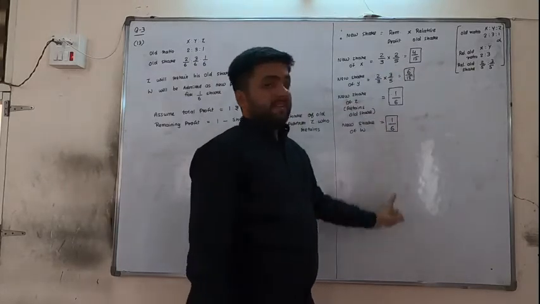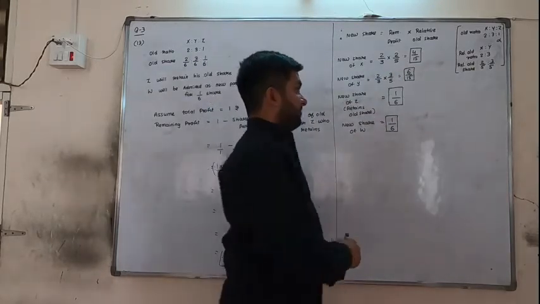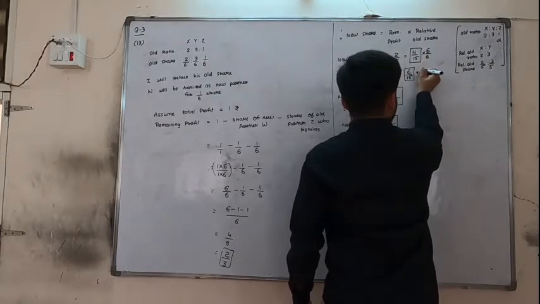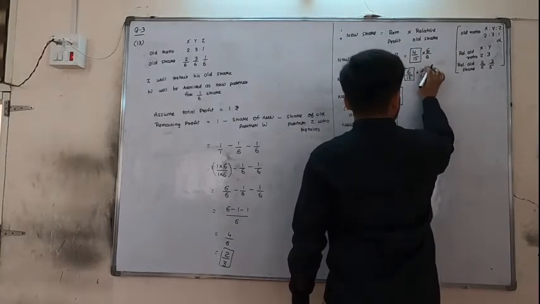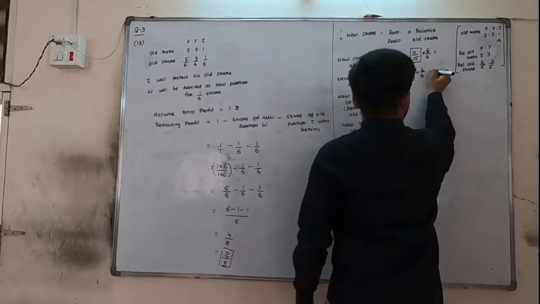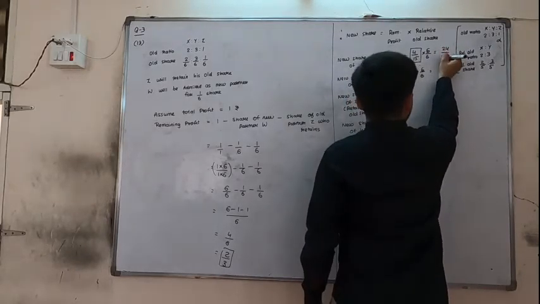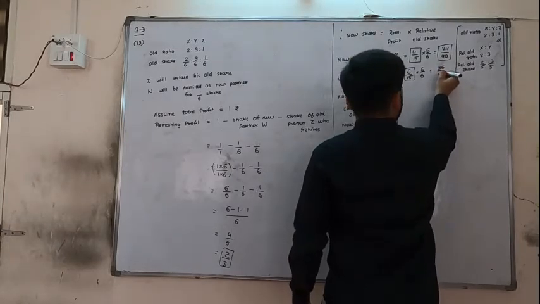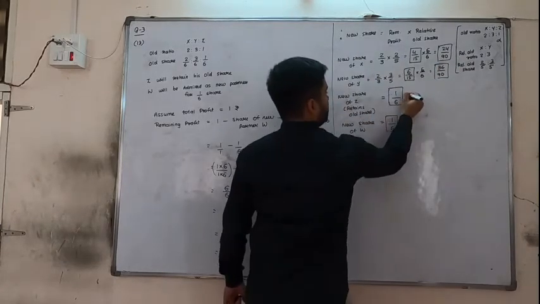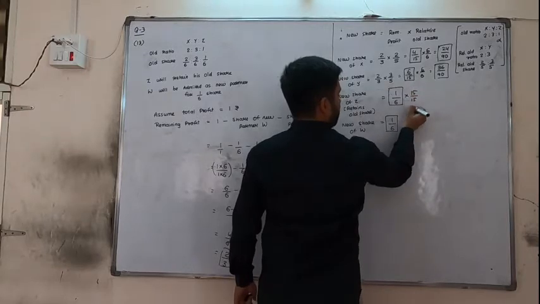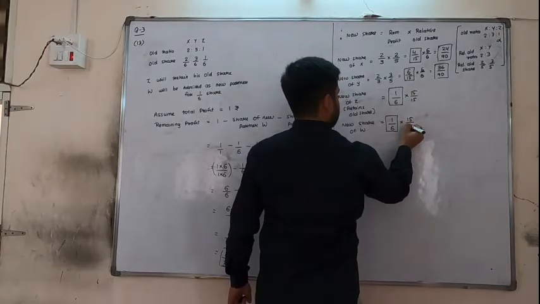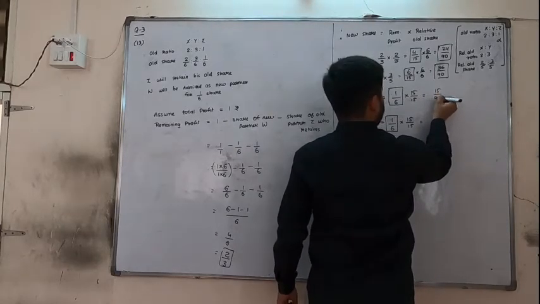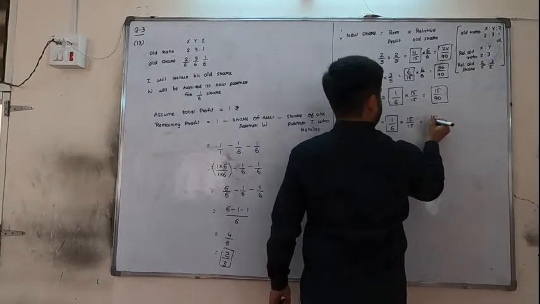With 15 you multiply 6 and with 6 you multiply 15. So it will be 24/90, 36/90, and here it is 6, so you multiply with 15. So it will be 15/90, 15/90.